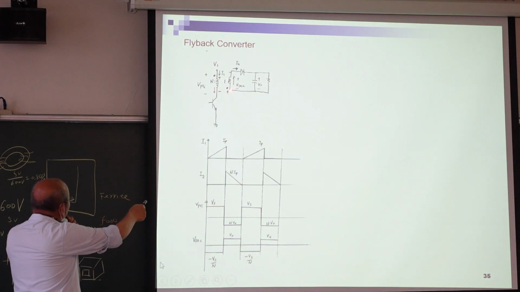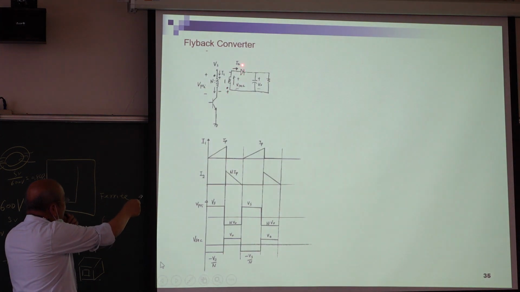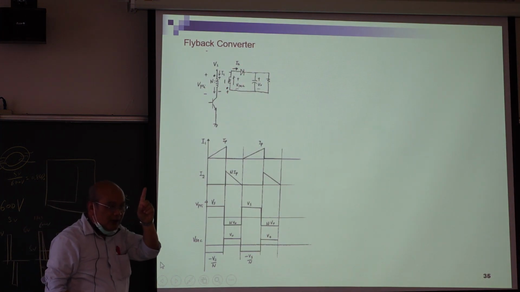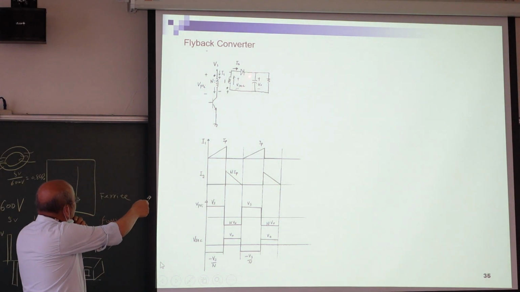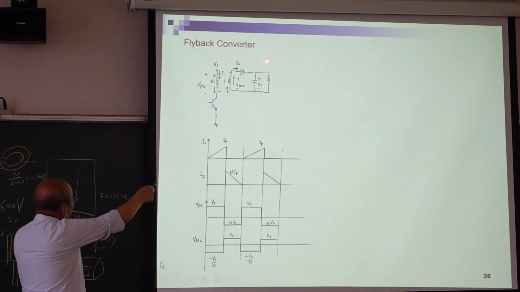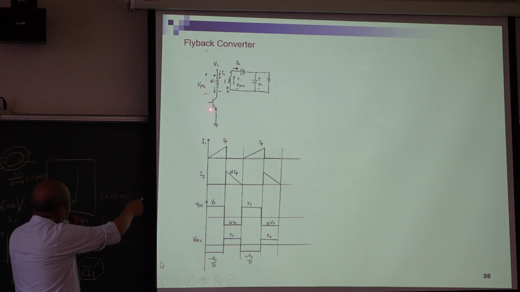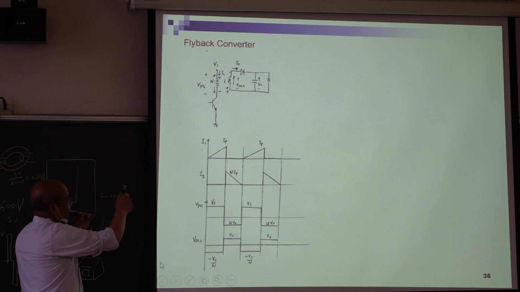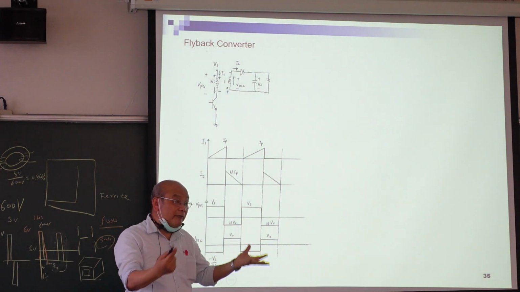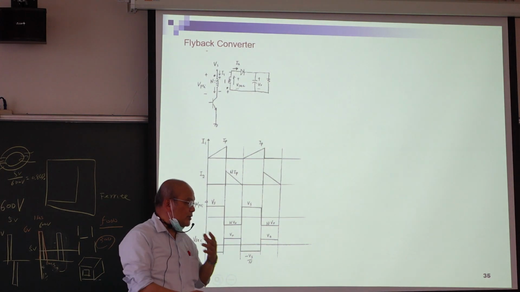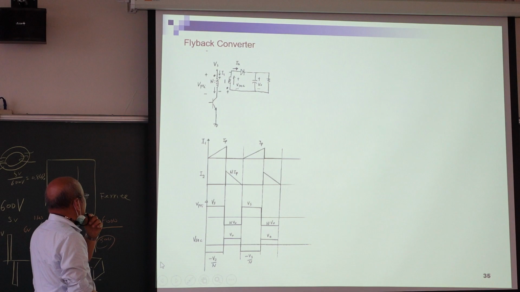How many transformers do you need? 1. How many diodes do you need? 1. Before it was 4. And then no inductor at the output. So you only need 1 switch, 1 transformer, 1 diode, 1 capacitor. So your cost becomes 25%, right? So you can propose this idea.